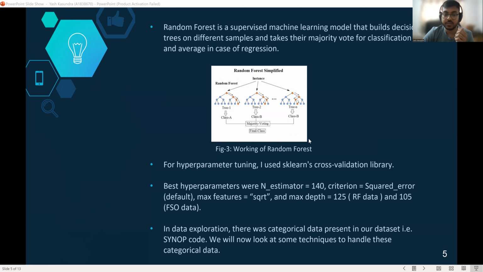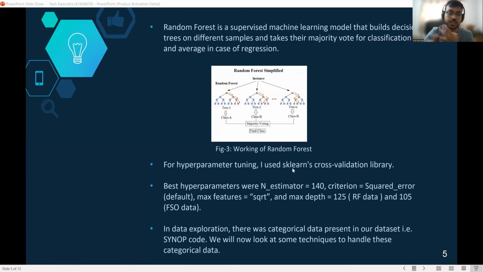The best hyperparameters that I received from cross-validation were n_estimators at 140, criterion at default, max features at square root, and max depth for RF was 125, and for FSO it was 105.